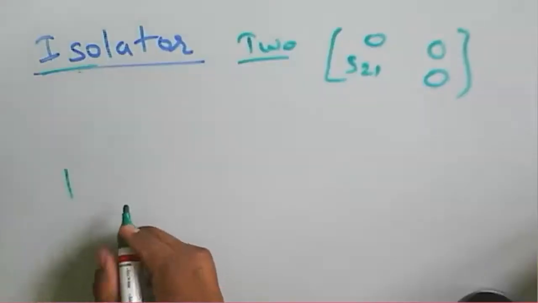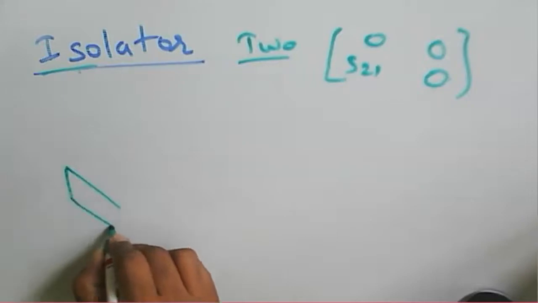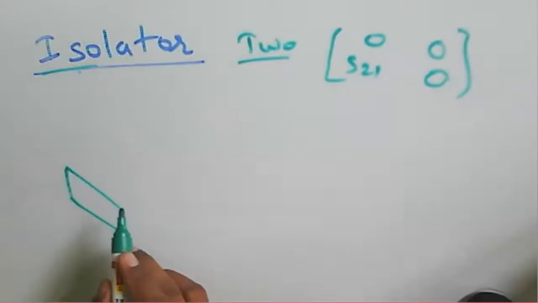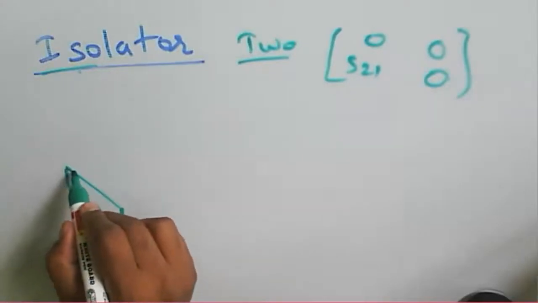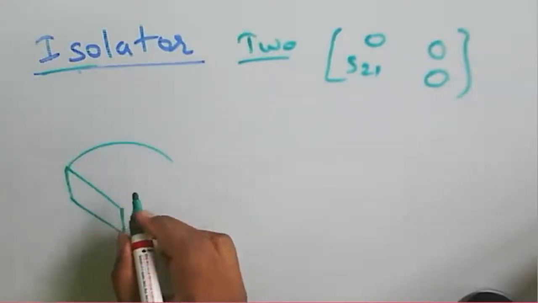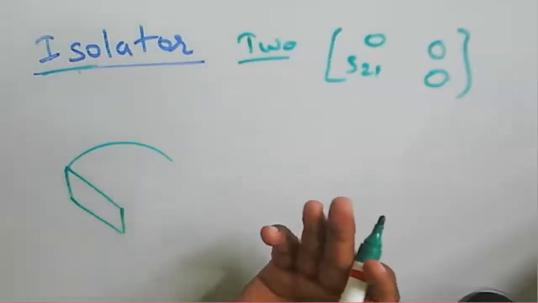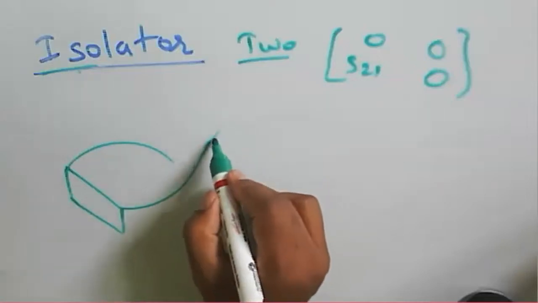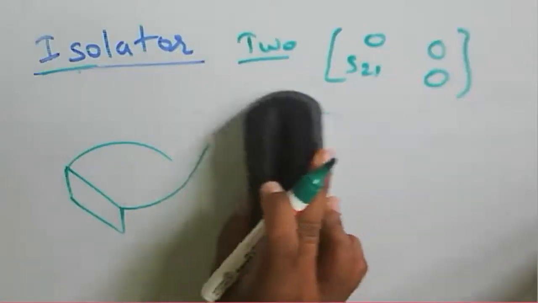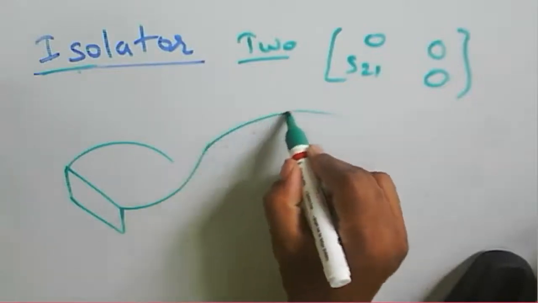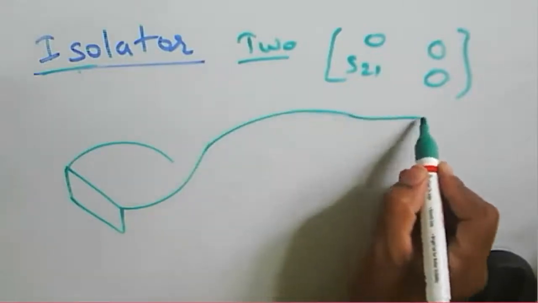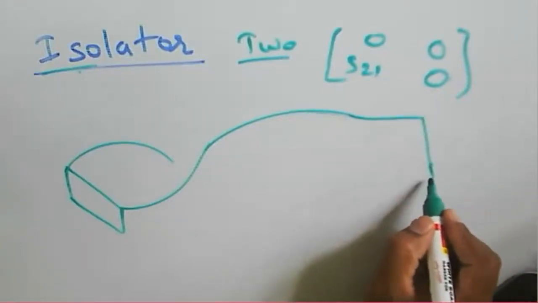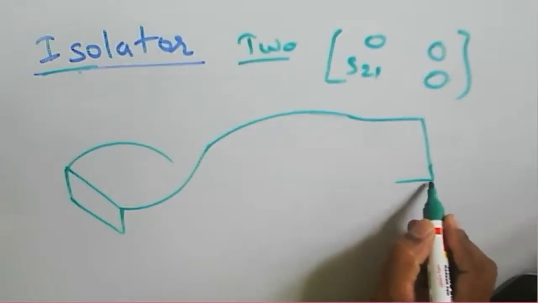There are sections of ferrite material or a ferrite sheet, and through this section there will be a twist or variation, because of that ferrite material, a rotation of your signal takes place. Now we will see how that rotation takes place through this guide.